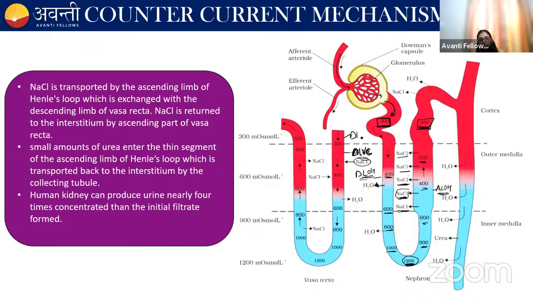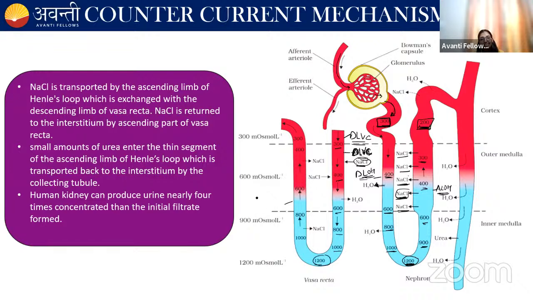Okay, this is the descending limb of the vasa recta. So the descending limb of the vasa recta will take the NaCl from the ascending limb of loop of Henle, and you can see the osmolarity starts increasing because it starts absorbing the solute, which is NaCl. So osmolarity reaches 1200.